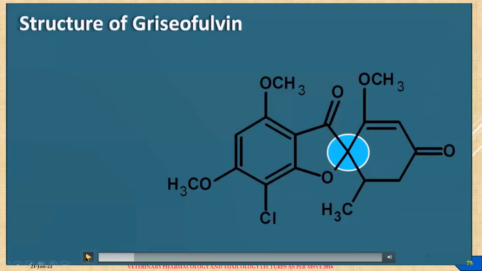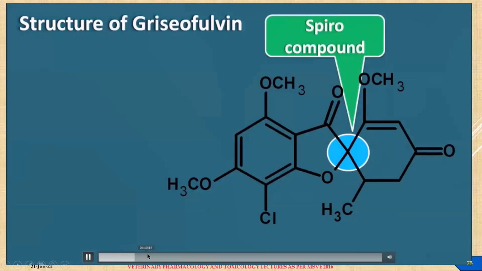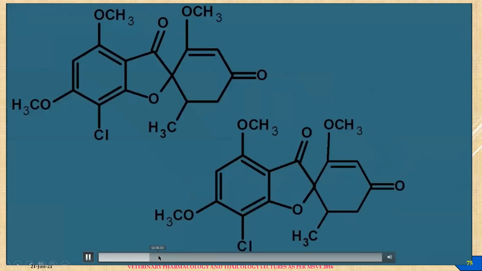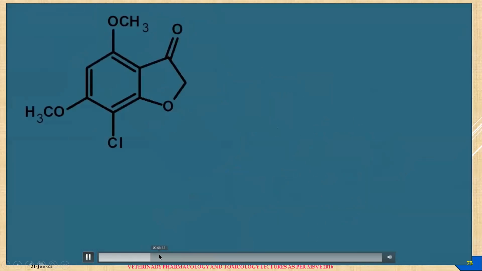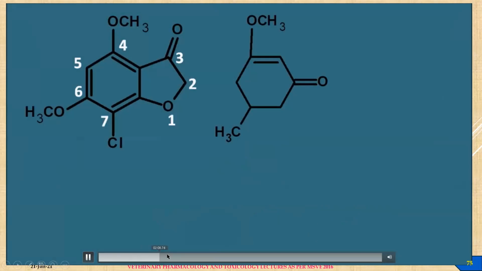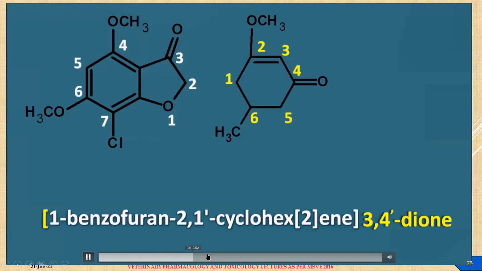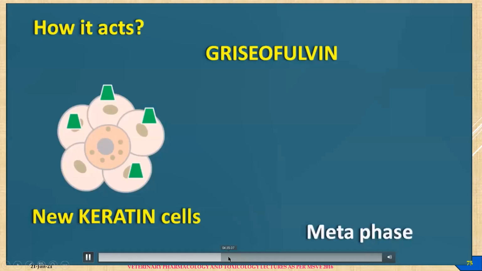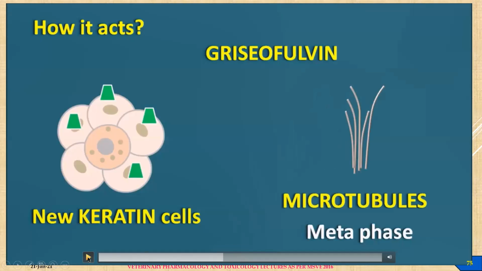This is the structure of griseofulvin. As already informed, this drug is effective against microtubule formation, at the metaphase.